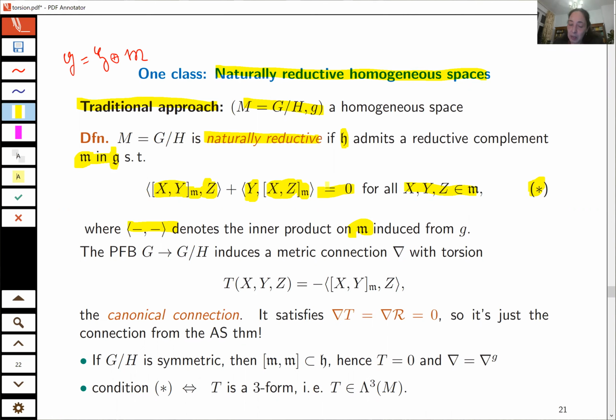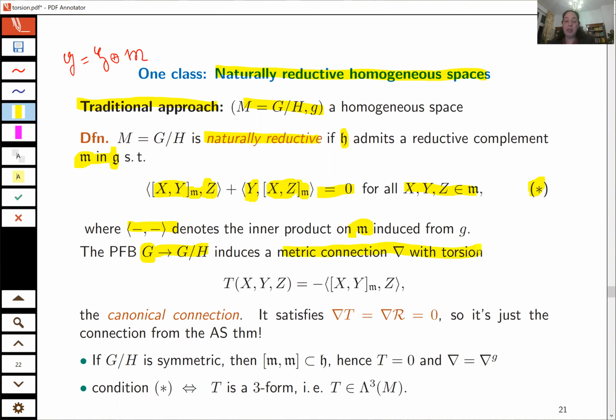And the general theory of principal fiber bundles gives you a connection, because I have the natural projection, which is in fact a Riemannian submersion from G to G over H. This makes the Lie group G into an H principal fiber bundle over G over H. And this description of a fiber bundle gives me for free a metric connection with torsion.